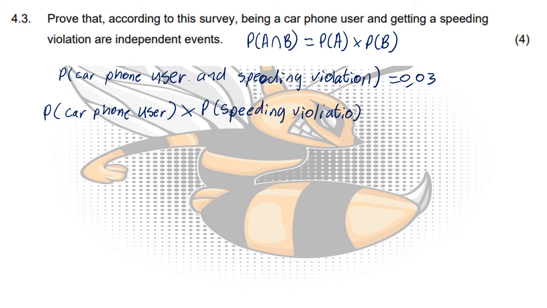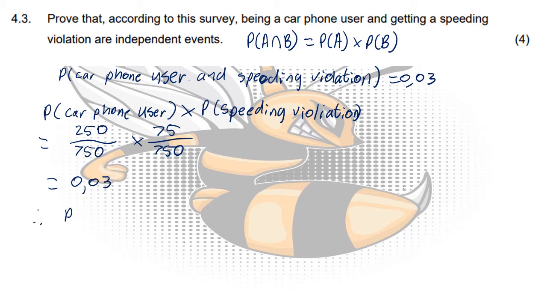So in total, there were 250 people who used the car phone out of the 750, and there were 75 people out of the 750 people who had a speeding violation. If we then multiply these two, we get 0.03.